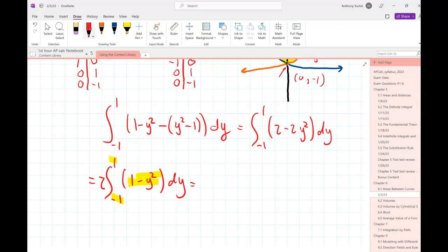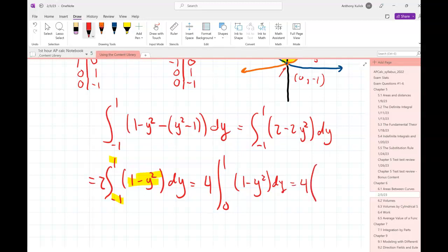So if you wanted to, and I would do this, I would just do 4 times the integral from 0 to 1 of 1 minus y squared dy. Now it saves me just a little bit of time because when I'm substituting in, 0 is way easier than anything else, right? That's the ideal bound to have on an integral. Do you need to do that trick that I just did though? No, it's just like a little time saver.